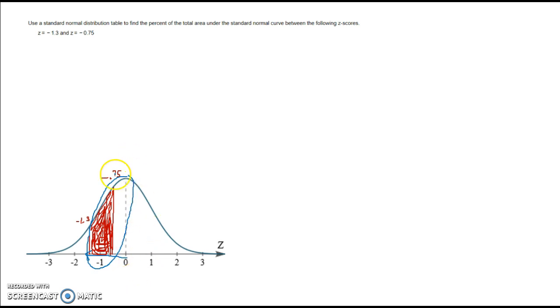But I want to subtract the area from 0 over to negative 0.75, because I don't want that. I just want this. So I'm going to find the area for negative 1.3 and subtract the area for negative 0.75. I have to find two areas in this case.